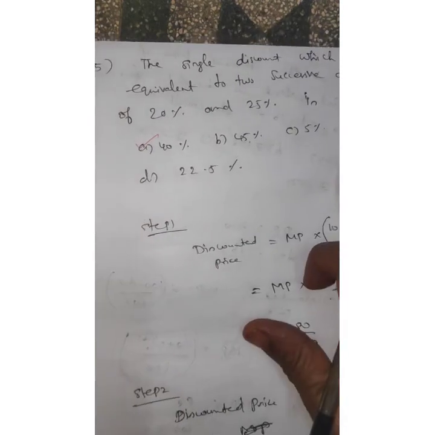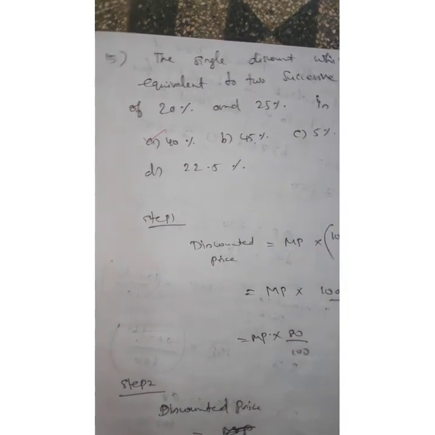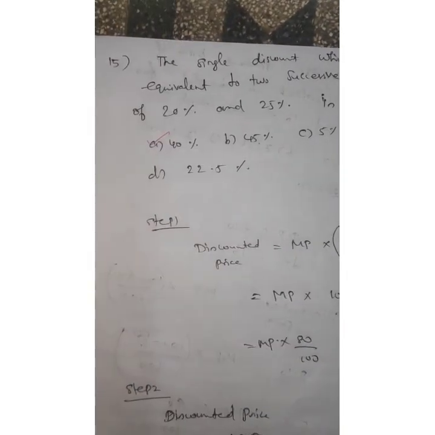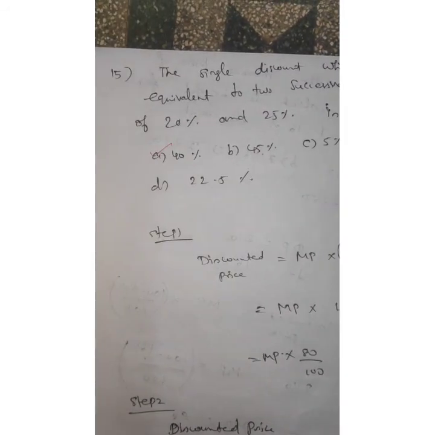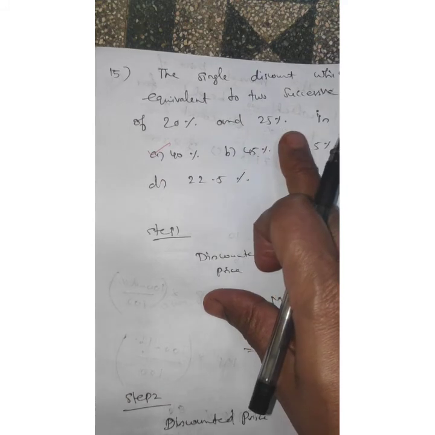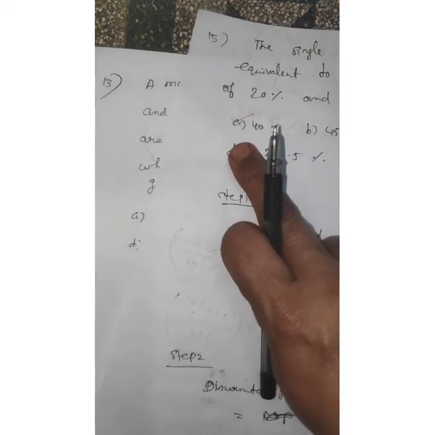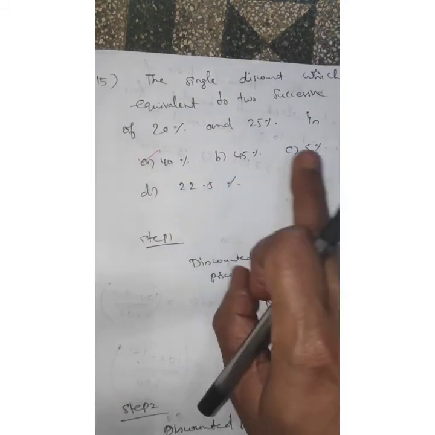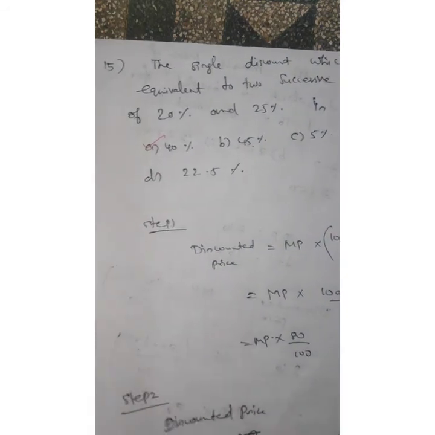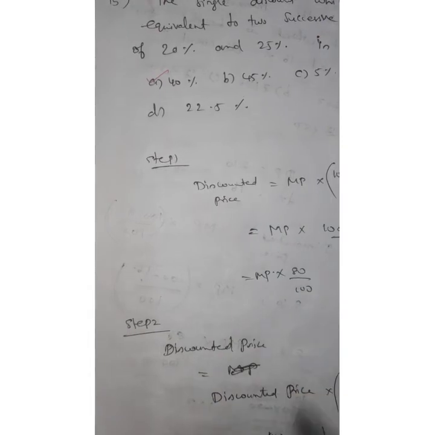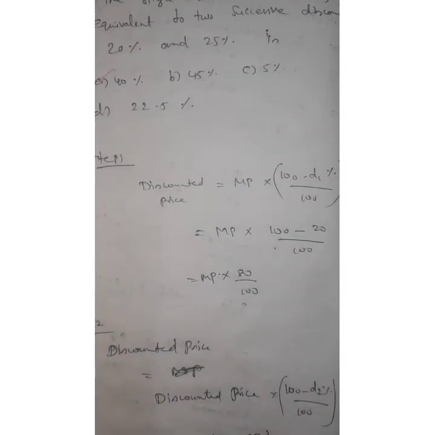The single discount which is equivalent to two successive discounts, first 20% and 25%, is dash. Options: 40%, 45%, 5%, 22.5%. See there, discounted price equals market price into 100 minus discount percentage divided by 100.